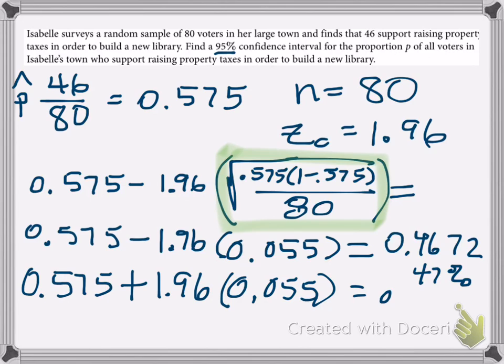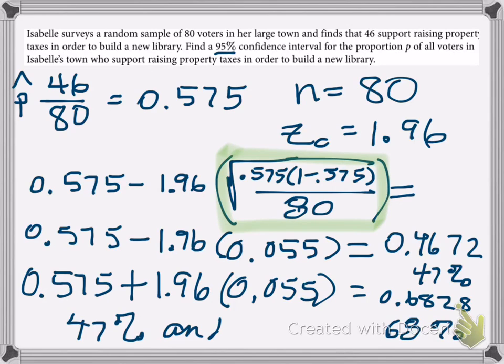And then I get 0.6828, or about 68%. So my confidence interval is between 47 and 68% of people who will say that they are in favor of supporting that.